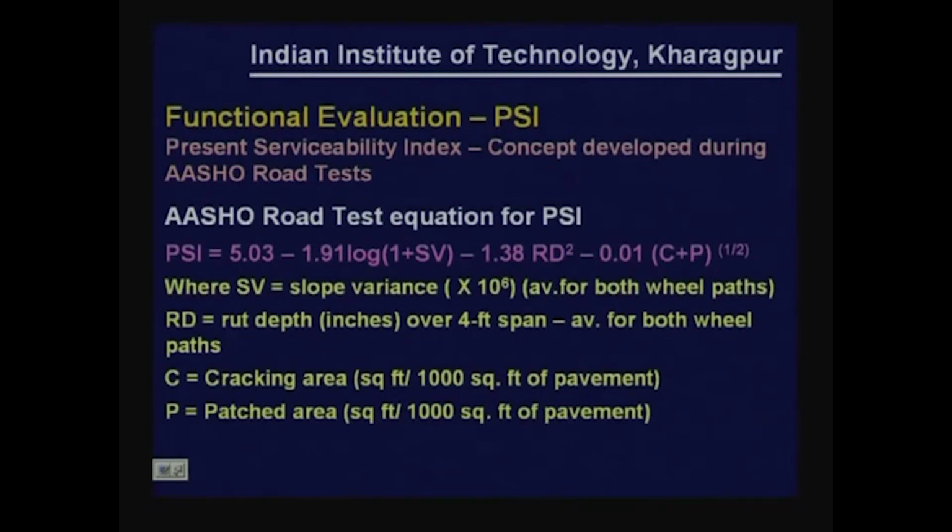Also for flexible pavement or for concrete pavement, both cracking area and patched area, expressed in terms of square feet per 1000 square feet of paved area. Similarly, patching also is expressed in terms of square feet per 1000 square feet of paved area.